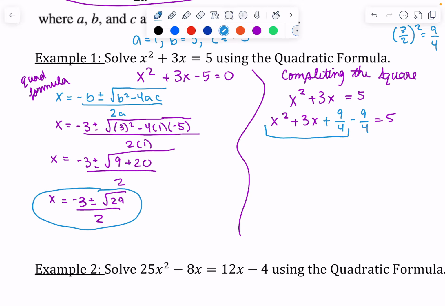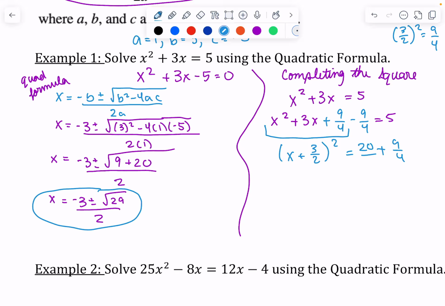This right here is the perfect square trinomial, which in factored form is x plus 3/2 squared. And I'm going to add 9/4 to the other side. If I want to combine these, I need common denominators. So 5 is the same as 5 over 1. If I multiply the top and bottom of that by 4, I would get 20 over 4.